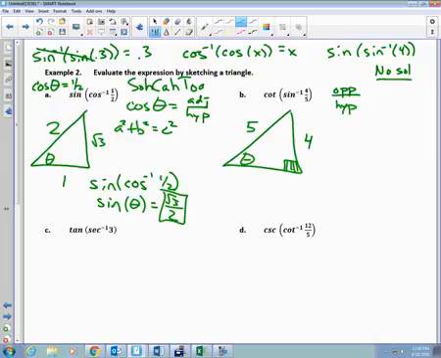Which will give me a Pythagorean triple. So the cotangent of sine inverse of 4 over 5, well, sine inverse of 4 over 5 will give you theta. So we end up with the cotangent of theta. And cotangent is what? Cosine over sine, or adjacent over opposite. So adjacent over opposite, 3 over 4.